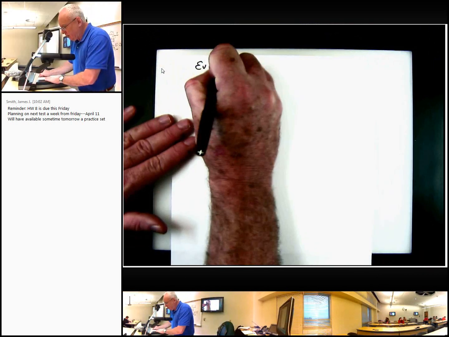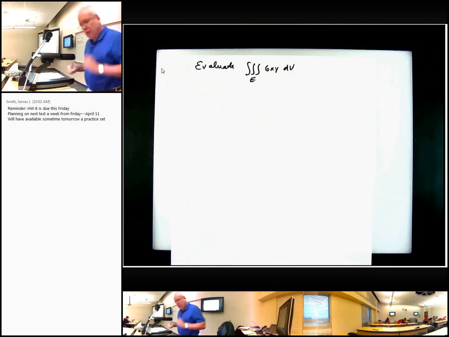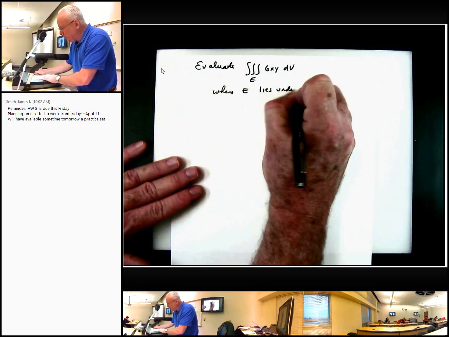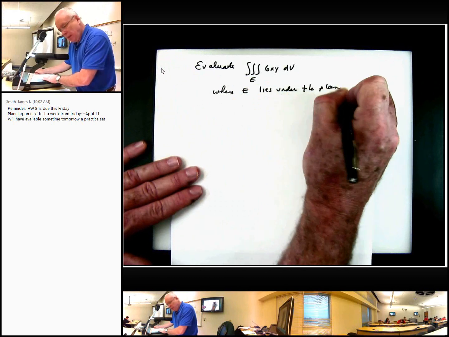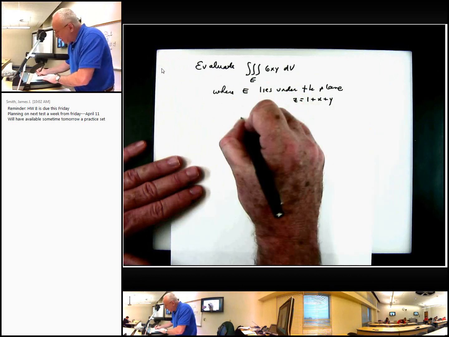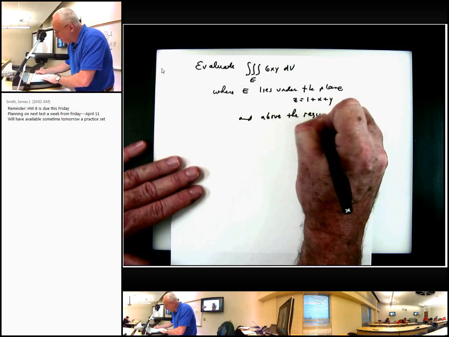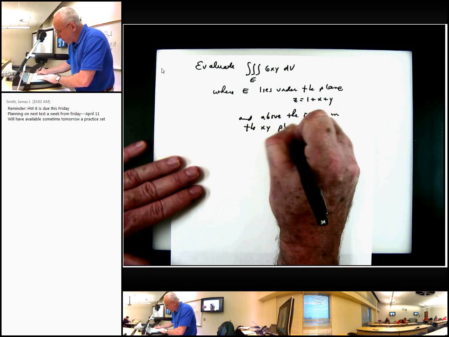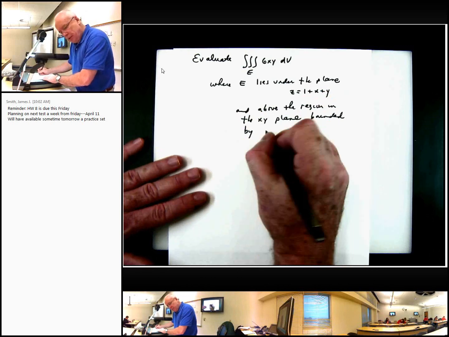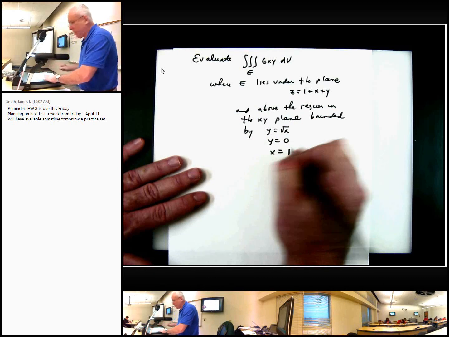Evaluate the triple integral over E of 6xy dV, where E lies under the plane z equaling 1 plus x plus y, and it lies above the region in the xy plane bounded by y equals the square root of x, y equals 0, and x equal to 1. Okay.